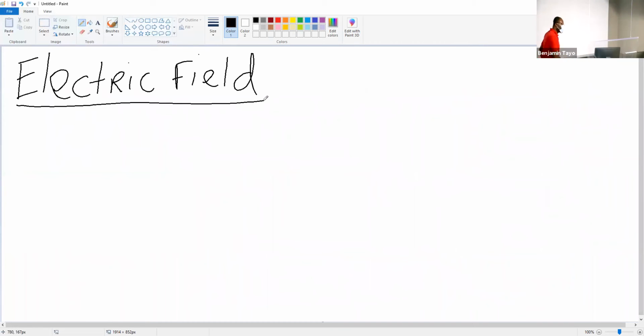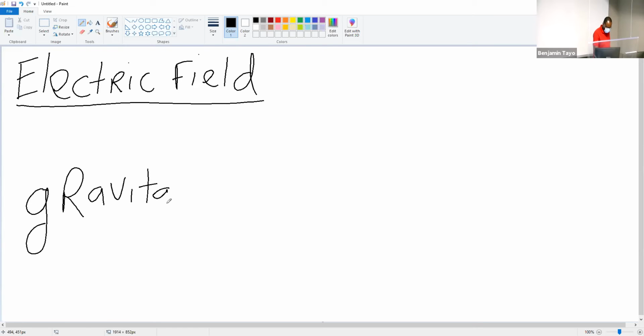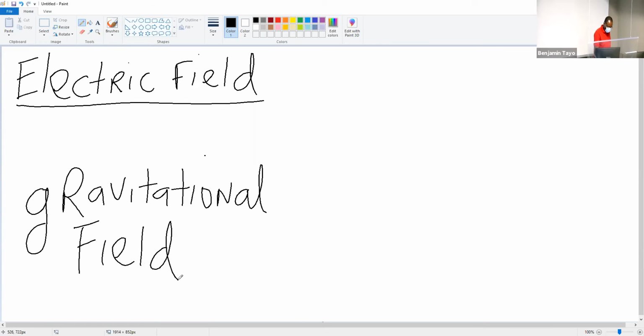Now, before we talk about the electric field, let's try to understand what the field is. This is much easier to understand with the gravitational field. So we can look at the gravitational field.